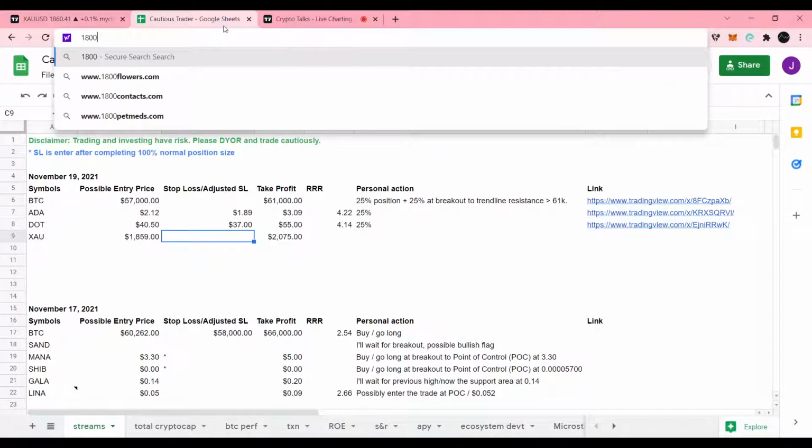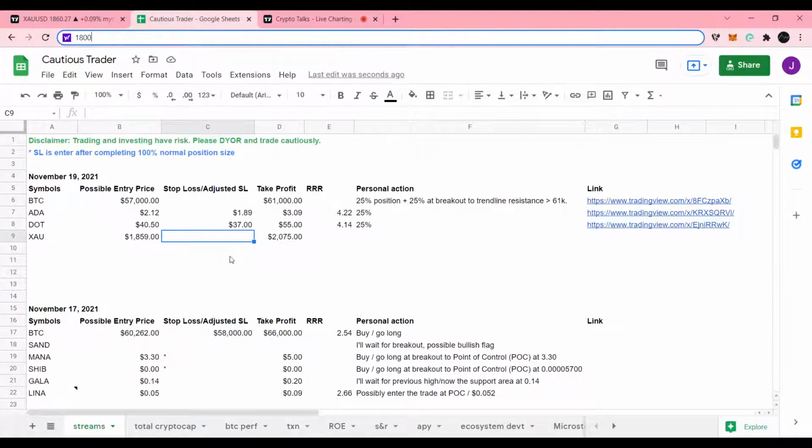Ay, ano ba yan? Saan ka na? 1.8. So, yan. The possible risk reward here is, oh, at least, ay, no, it's a long. Bumilis ng konti.